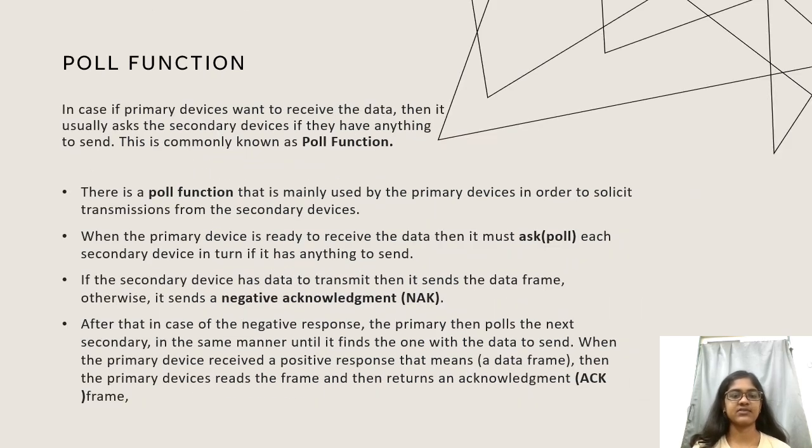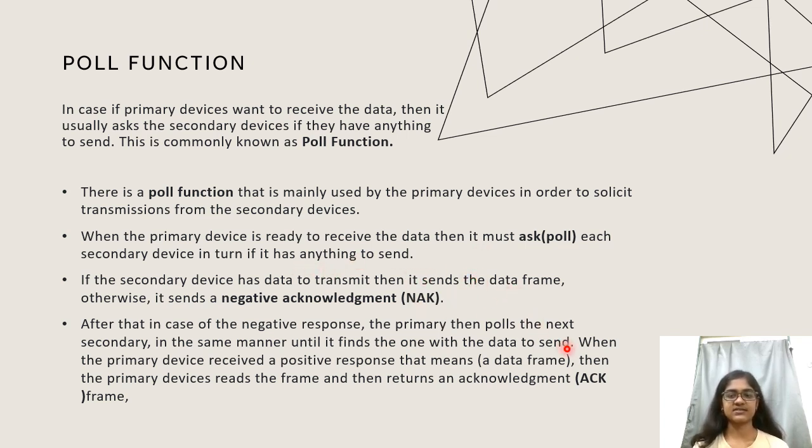So let's break down the poll function a little bit more. If the primary device wants to receive data, it puts out a poll and asks each secondary device, do you have anything to send?